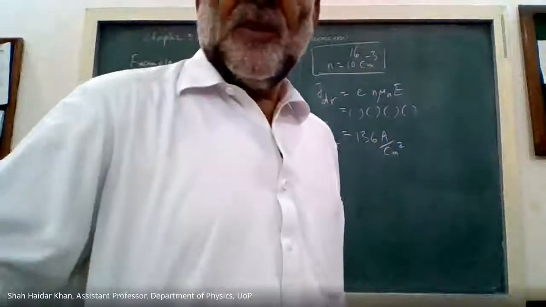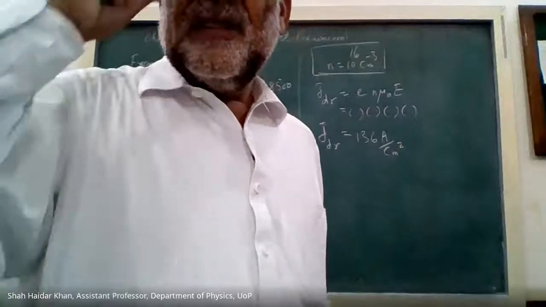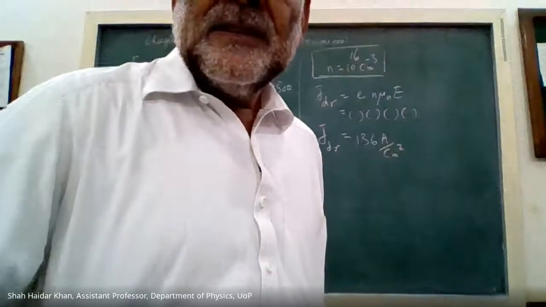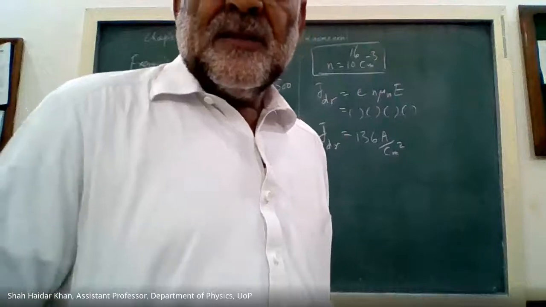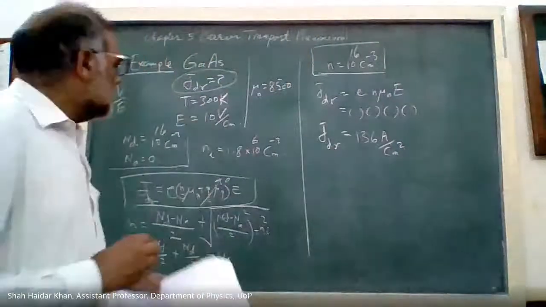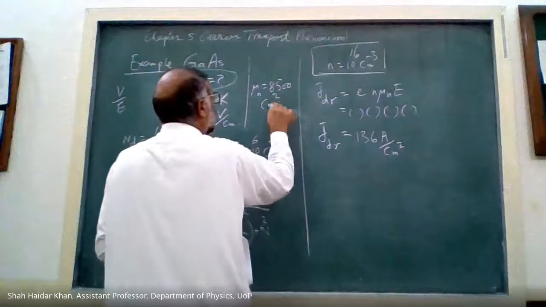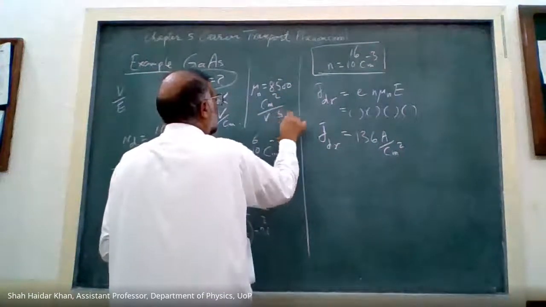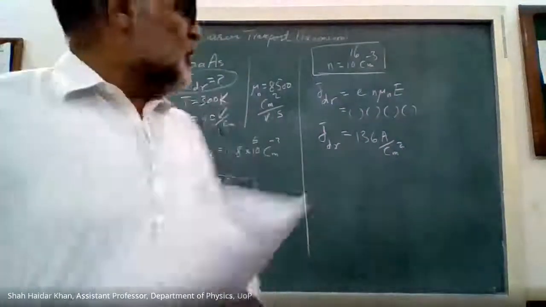I'm looking for the units, but that will take time. So what is it, you can find it, what is the centimeter square per volt per second? Centimeter square per volt per second. That is the unit of mobility. Right?